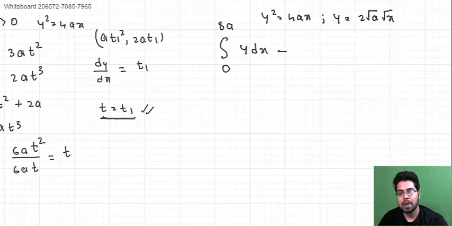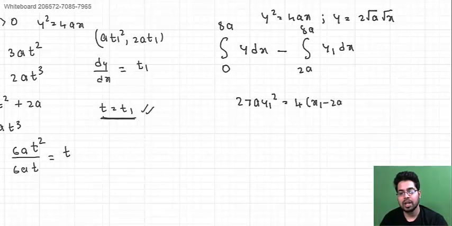This minus the integration from 2a to 8a of y1 dx, where what is my y1? Here I am stating 27a y1 square equals 4 times x1 minus 2a whole cube.